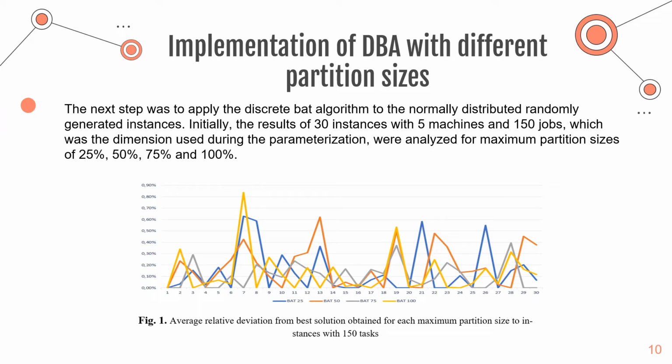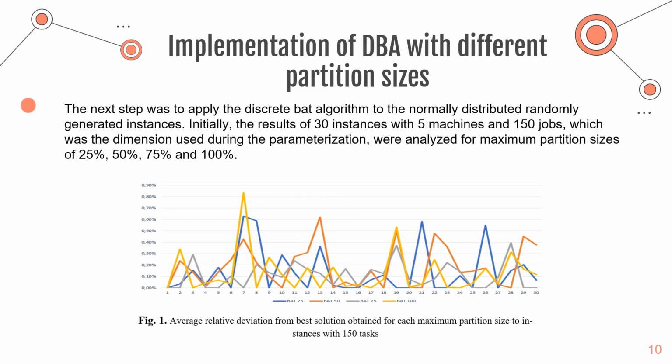The average deviation relative to the best solution obtained for each instance can be seen in Fig 1, where the blue line represents a maximum partition size of 25% of the number of tasks, the orange 50%, and the gray and yellow the 75 and 100% respectively. With the analysis of the values obtained in each instance, and supported by the graph presented in Fig 1, there is no clear trend and it is not possible to observe a maximum partition size that results in a better performance than the others.